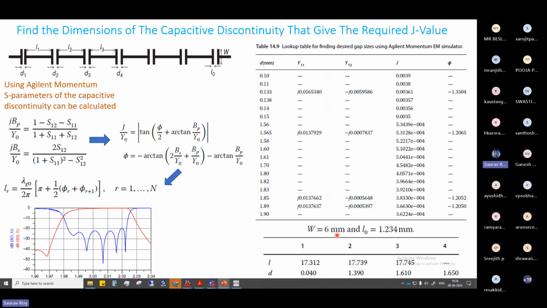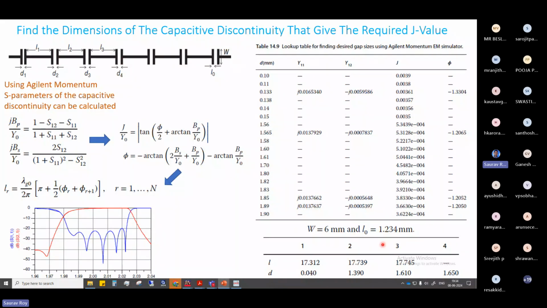L0 and W here, you see, L0 is the length of this capacitive gap, and W is the width of this capacitive gap; they have already fixed W and L0. And on top of that they are only calculating the D gap. So they have actually made the task easier by fixing two things which will be the same for all of them. Only the D gap and length will change.